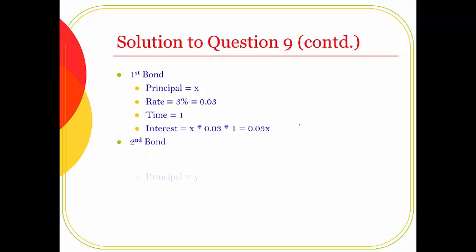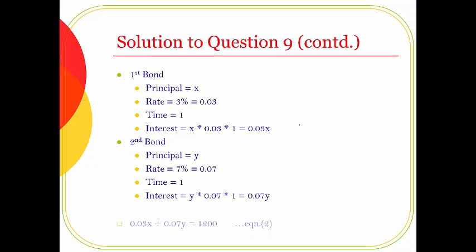In the second bond, the principal is y. The rate is 7%, which is 0.07. And the time is 1 year. So the interest will be y times 0.07 times 1, which gives us 0.07y. Therefore, the interest from the first bond, plus the interest from the second bond, should give us 1200. That is equation 2.